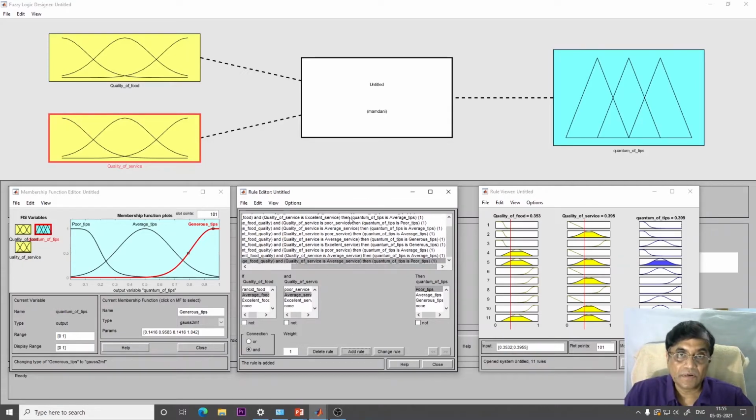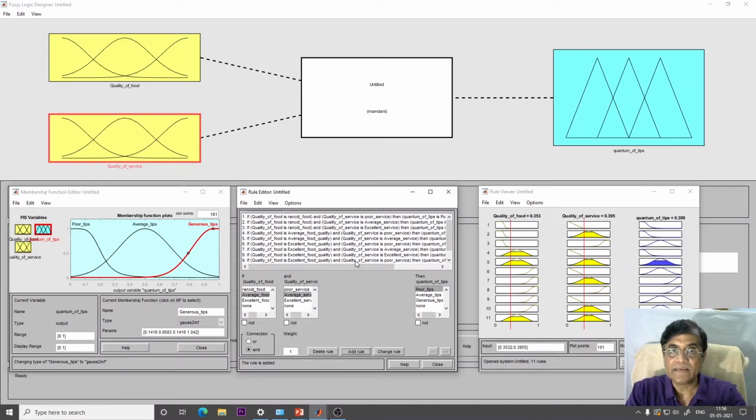You will have to closely study the rules, what they are meaning. And one good thing is in fuzzy logic, fuzzy inference system, rules are written in a linguistic form. So in this meaningful way I can study the rules and redesign, delete, avoid redundancy, and again come back and see what is my result.